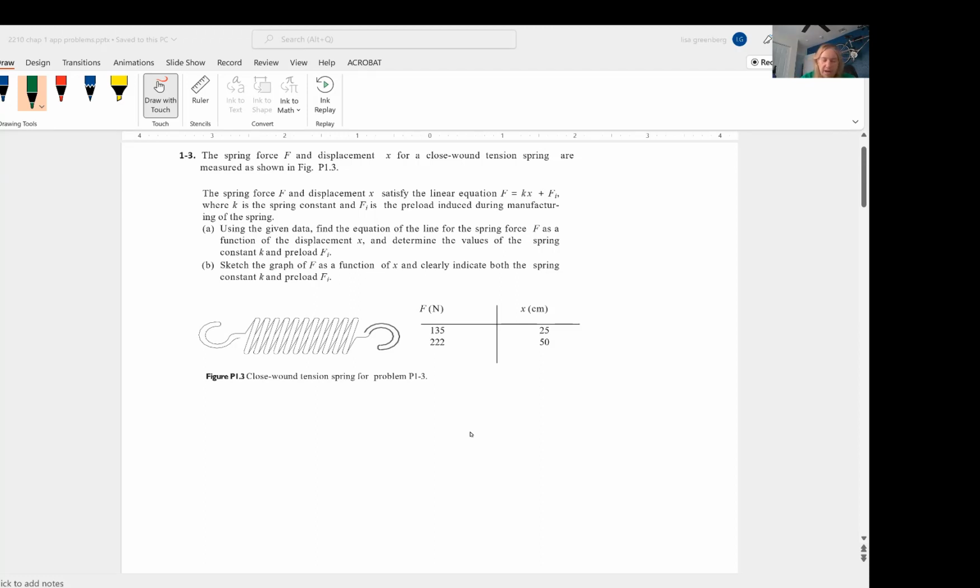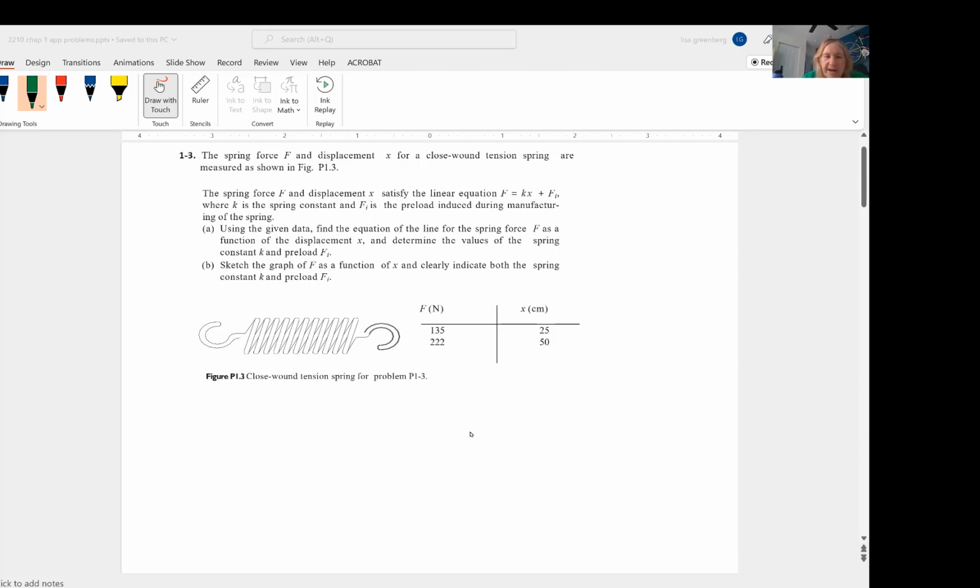application problems. I am also aware of the fact that most people are very frightened of word problems. So I'm going to try to walk you through them, tell you what to look for. The problems themselves are not very difficult once you see how to read them. So let's begin.